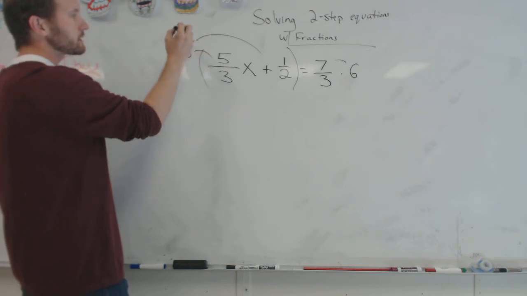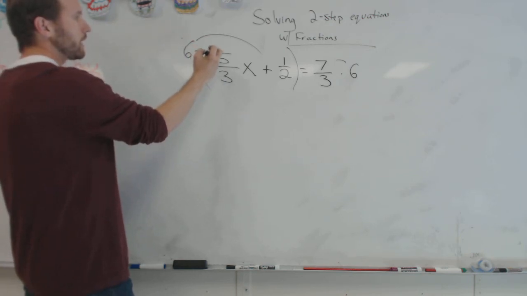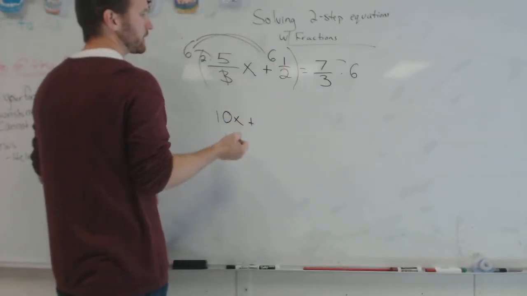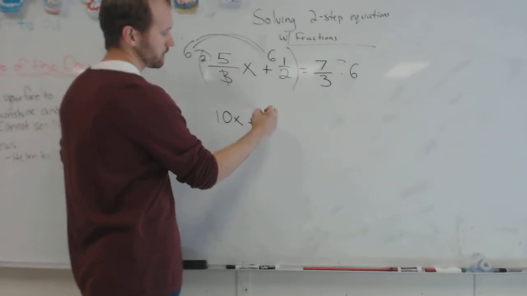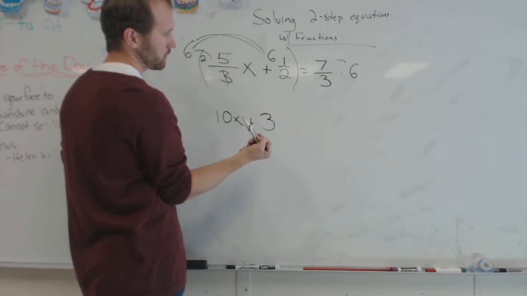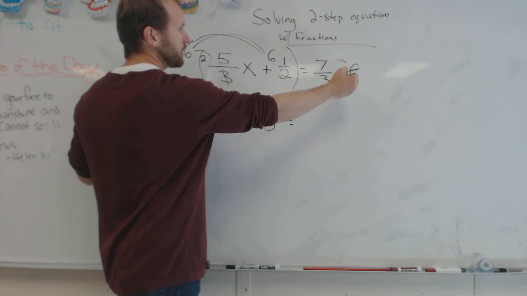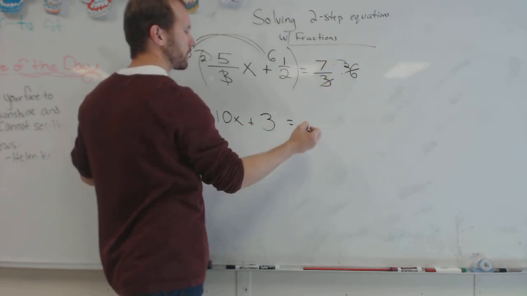6 times 1/3 is going to be 2, but then I also have a 5 here, so 2 times 5 is 10x. Plus 6 times 1/2 is 3. And then 6 times 7/3 is 14. Very good.